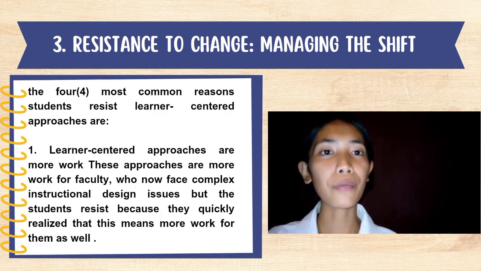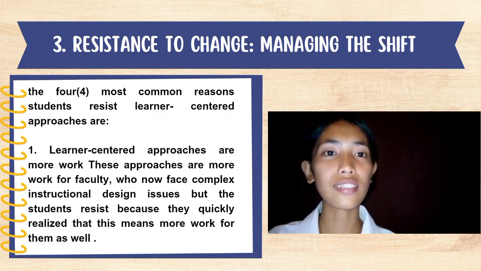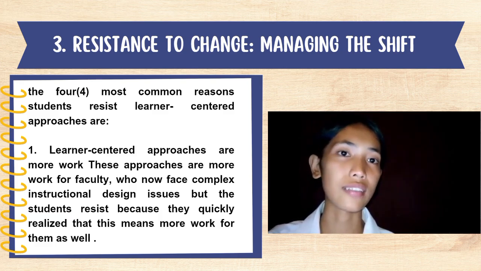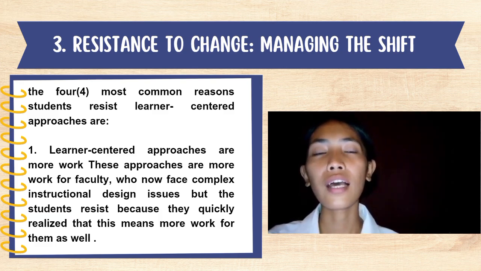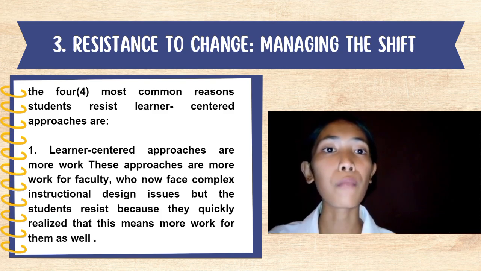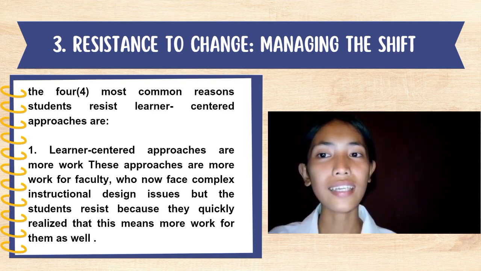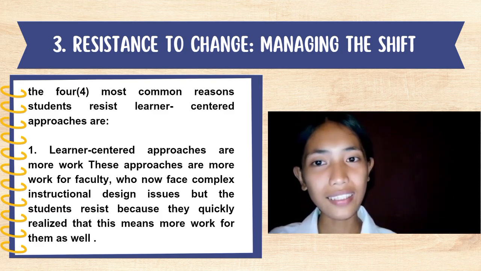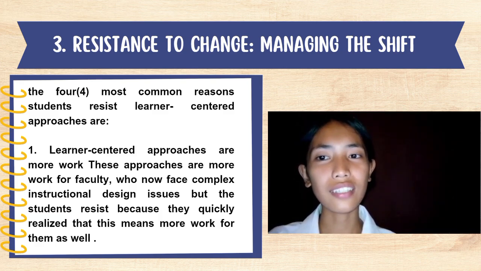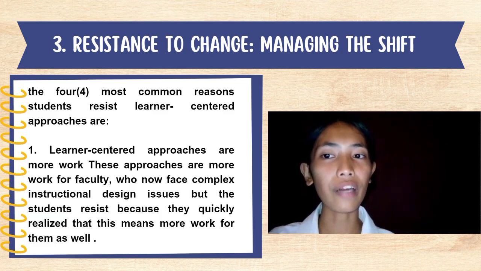So there are 4 most common reasons students resist learner-centered approaches. First, we have learner-centered approaches are more work. These approaches are more work for faculty who now face complex instructional design issues, but the students resist because they quickly realize that this means more work for them as well.